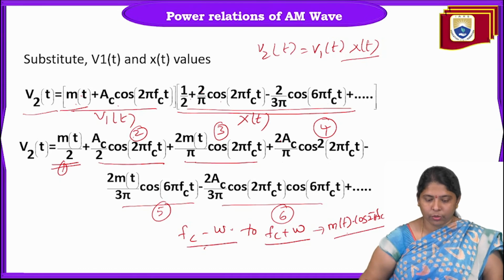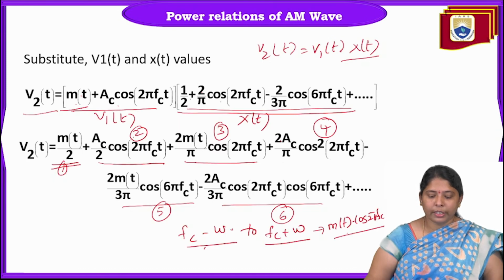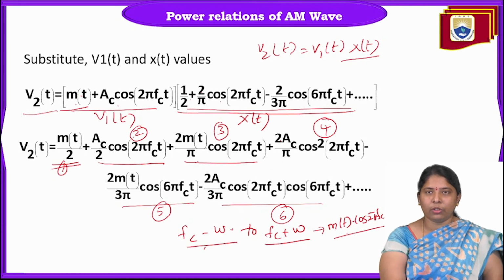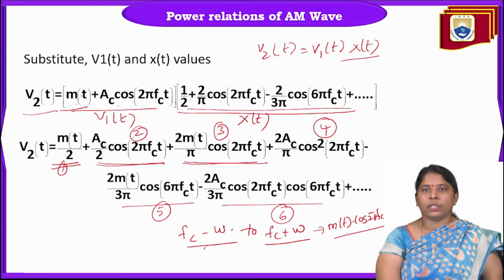Here the AC by 2 cos 2 pi fct is there, and here also m of t by pi into cos 2 pi fct is there.